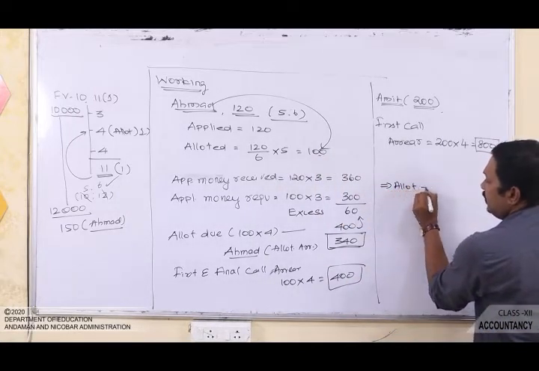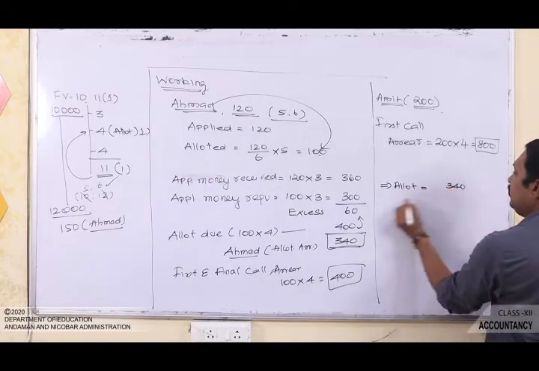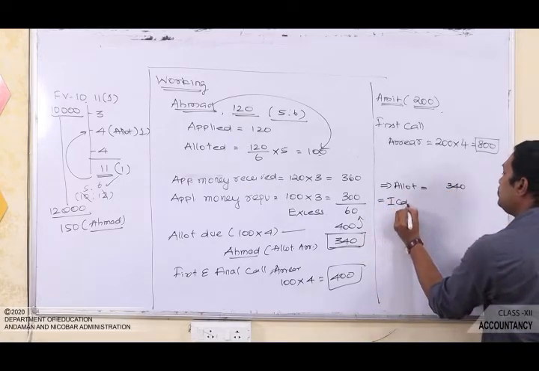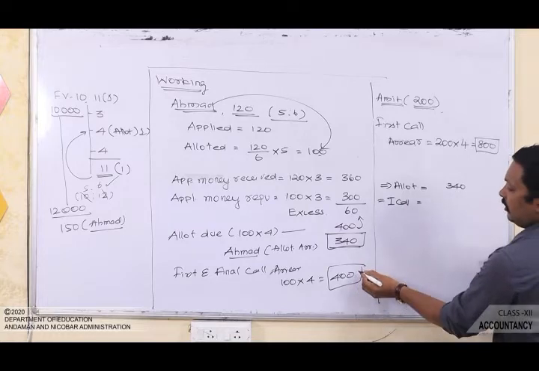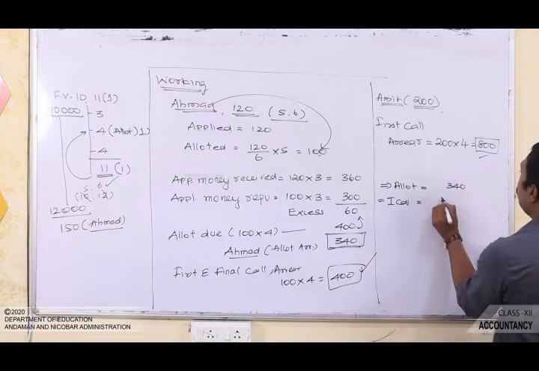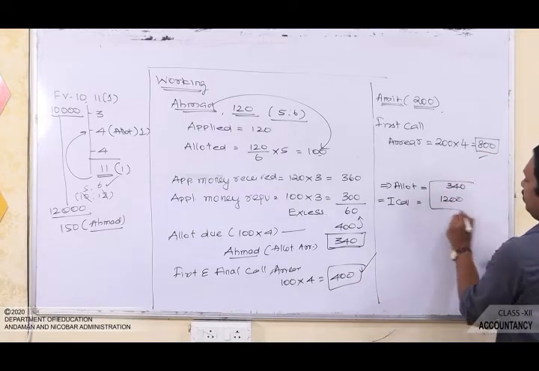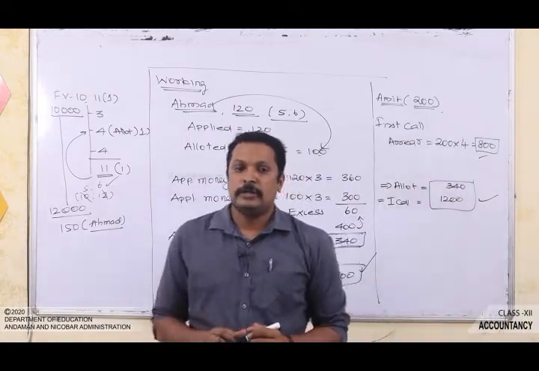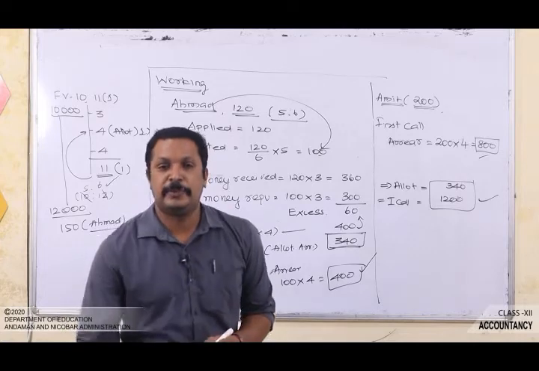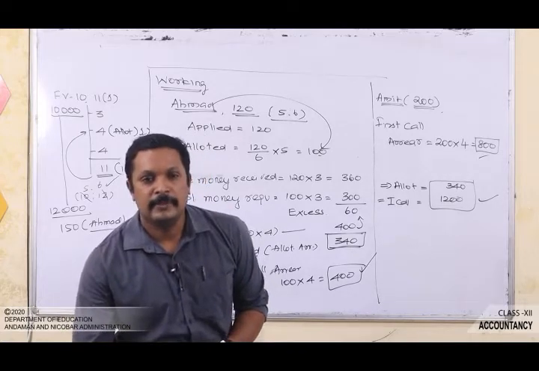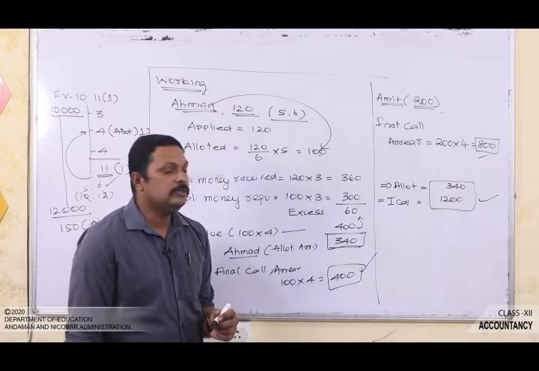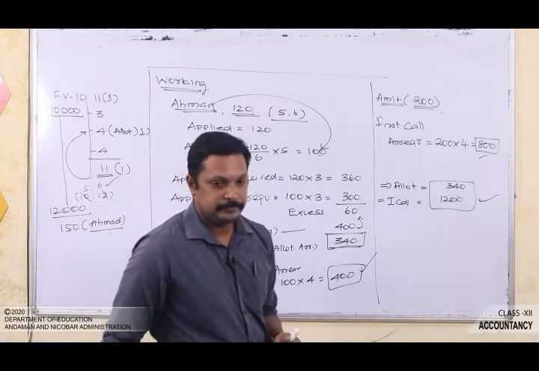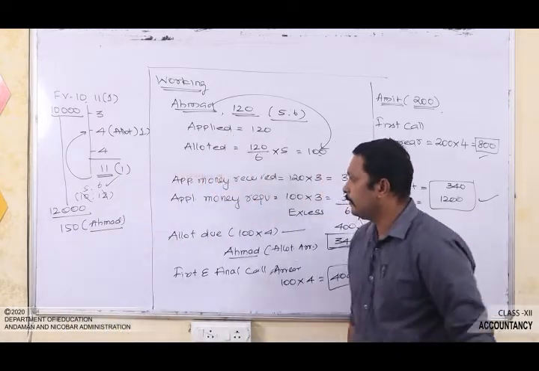Allotment arrear is only 340 and first call arrear is how much? 400 plus 800, 1,200. Because the two shareholders didn't pay that amount, that's why the amount 1,200 is charged. So this is the working note.